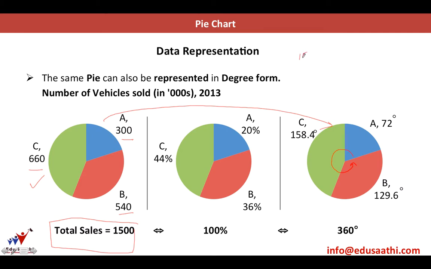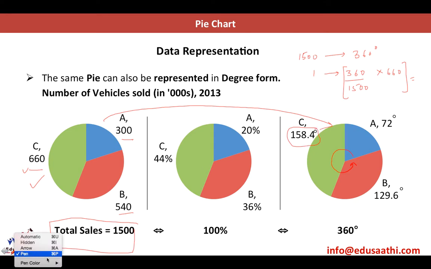So if 1500, the total sales, corresponds to 360 degrees, then one sale will correspond to 360 divided by 1500 degrees. And similarly, for vehicle C, 660 would be represented by multiplying this by 660, and this angle when you calculate will come out to be 158.4 degrees.